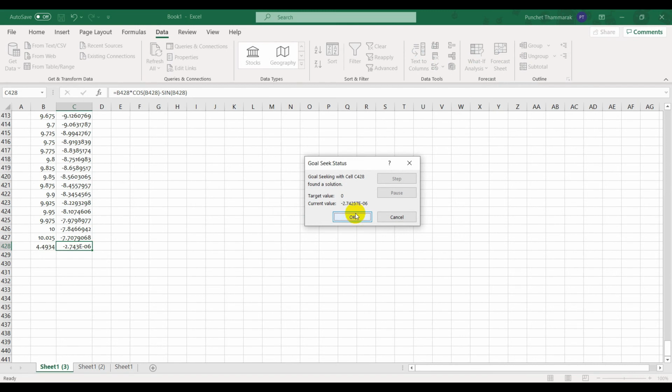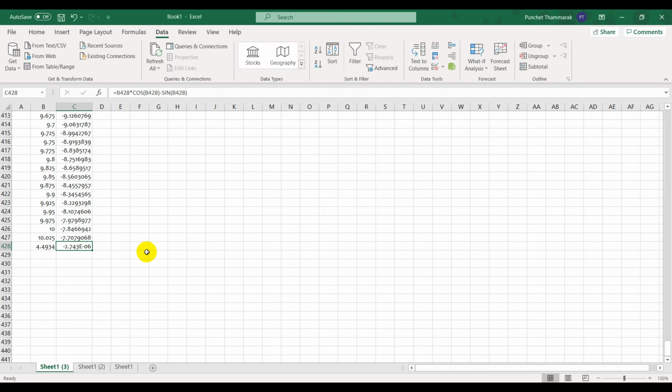Okay, 4.93. So this is equal to what? Divide by pi: 1.43.